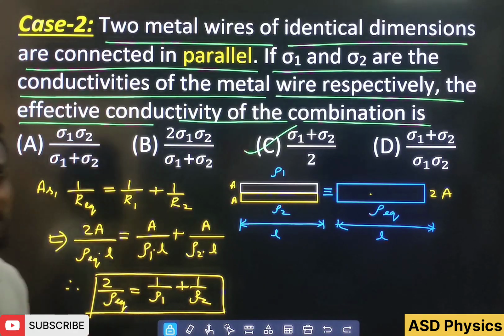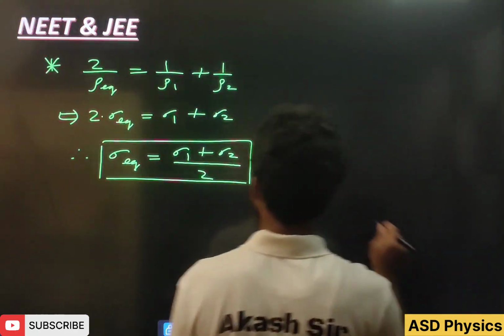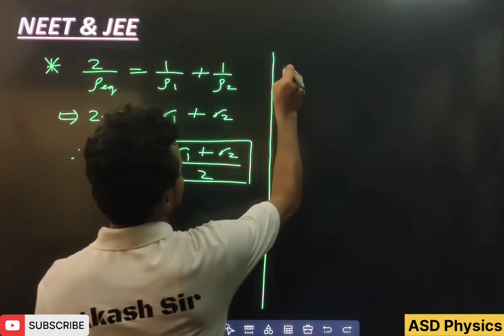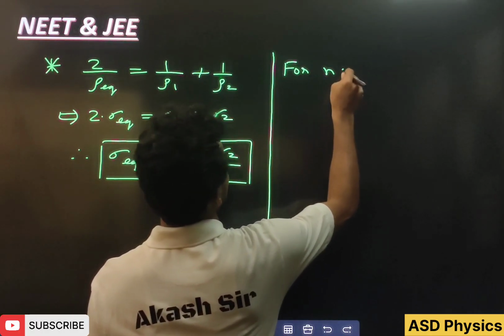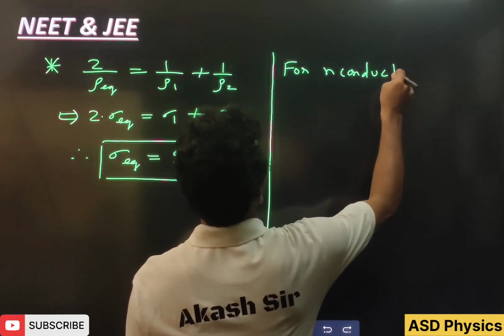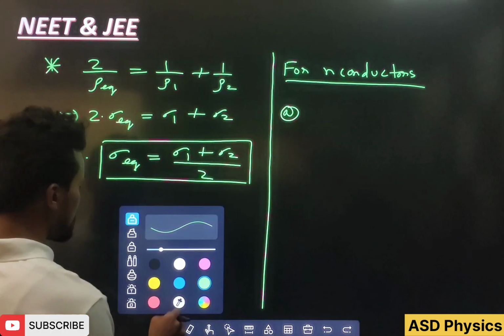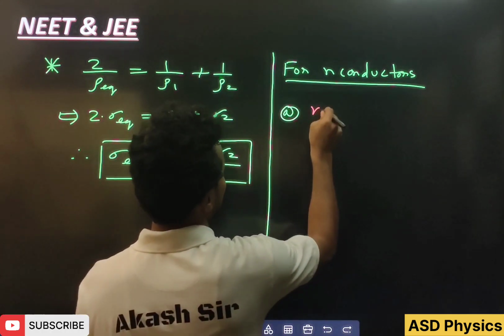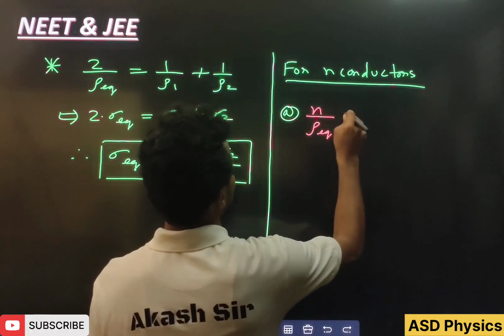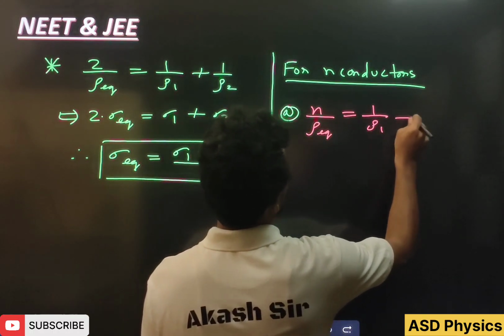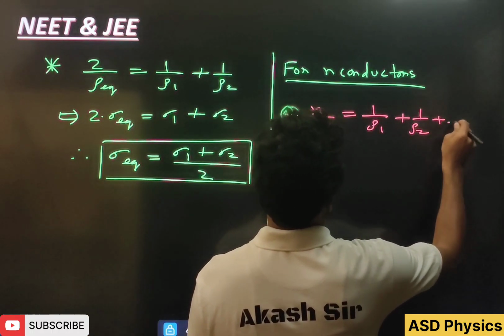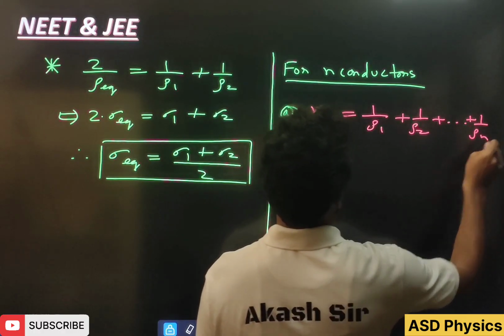But if we write for n conductors of the same dimension in parallel, for the resistivity, n by rho equivalent is equal to 1 by rho 1 plus 1 by rho 2 plus dot dot dot plus 1 by rho n.